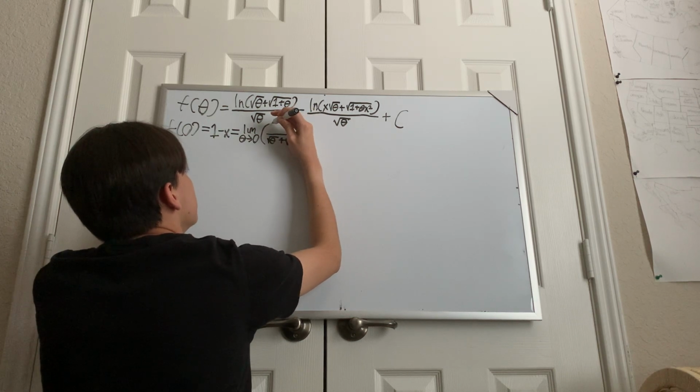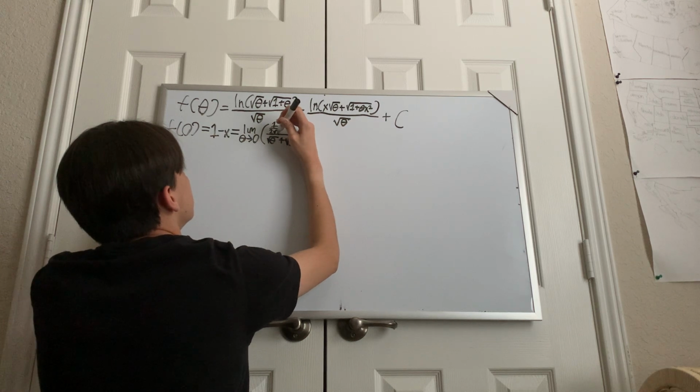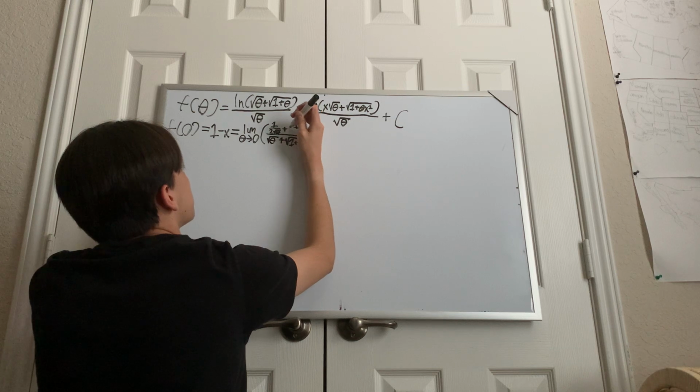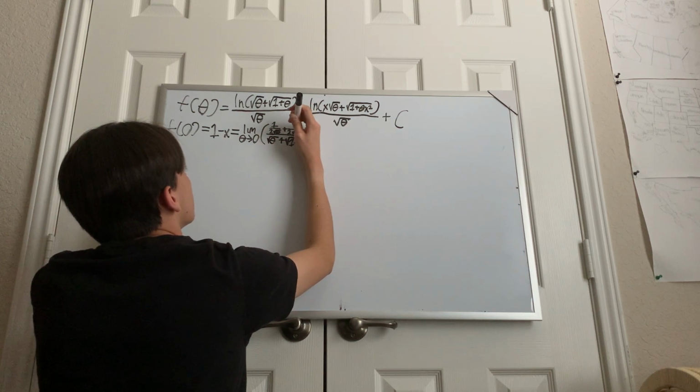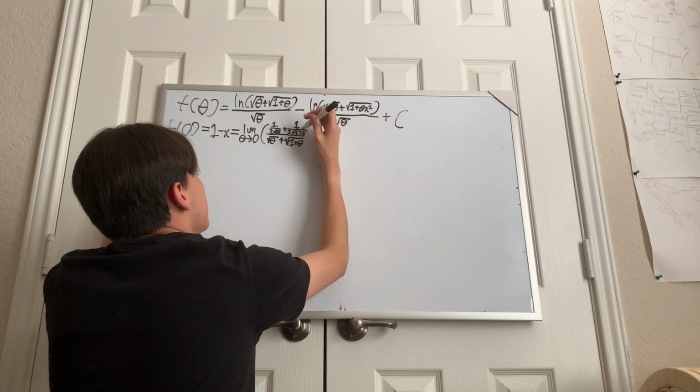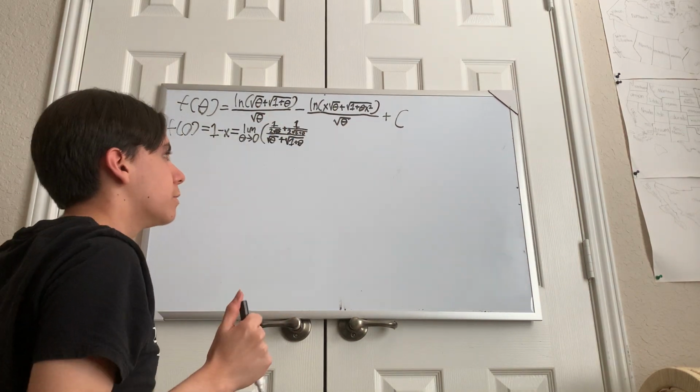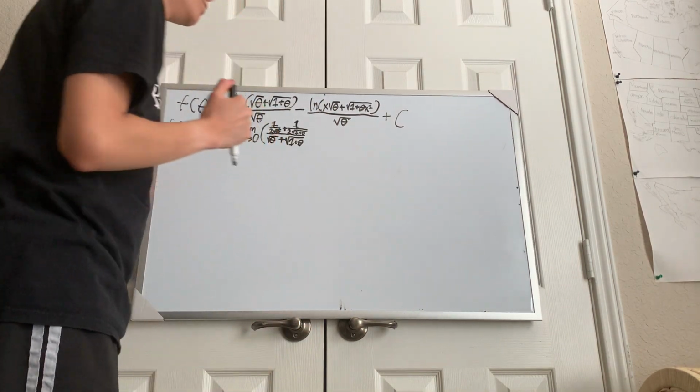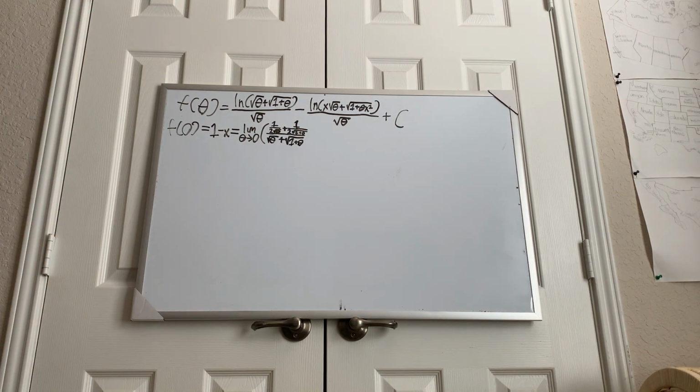And then we use chain rule for the inside. And then we can't forget about this square root theta on the bottom, so we divide by its derivative. Its derivative is 1 over 2 square root theta.